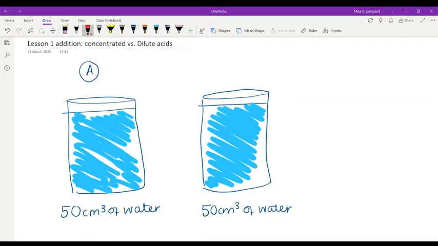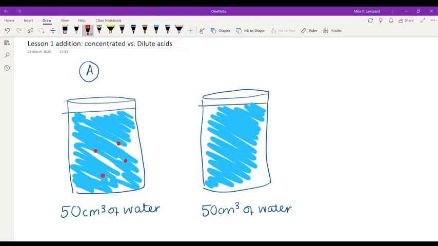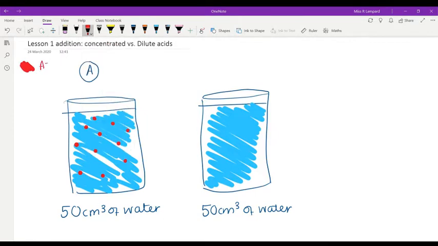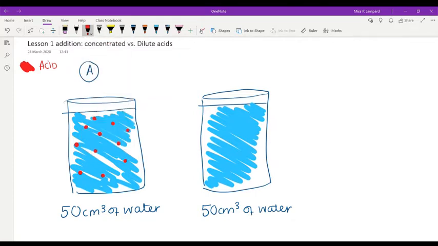Okay, now into beaker A, I decide to add some acid. Okay, so these red dots here are the acid particles. Okay, so I've added 1, 2, 3, 4, 5, 6, 7, 8, 9, 10, 11. Let's just say I've added 11 centimeters cubed of acid.